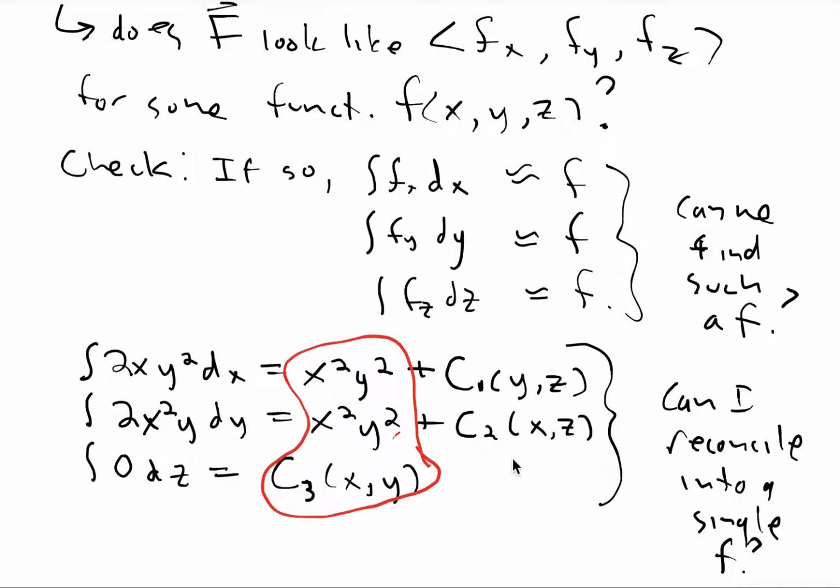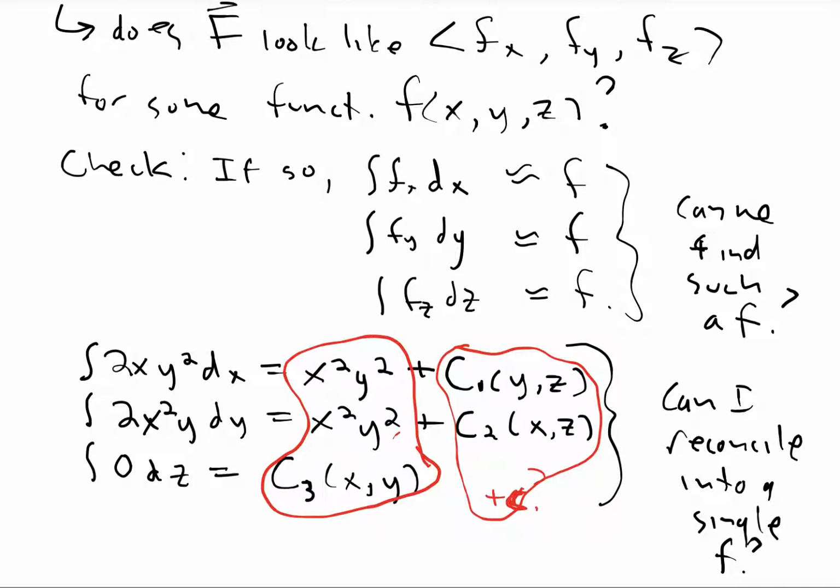So at worst, if I have anything else that pops up as a result of these constants of integration, maybe I might get some sort of plus C, like an actual legitimate constant on the end of this, and then that would be a totally functioning f, right?